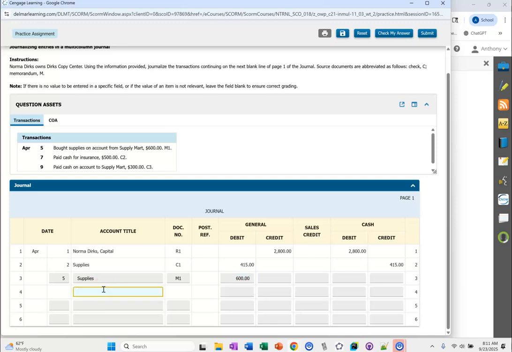So we're also going to need, on this next line, accounts payable to Supply Mart, the person we bought from. And what is that going to be? 600 credit.